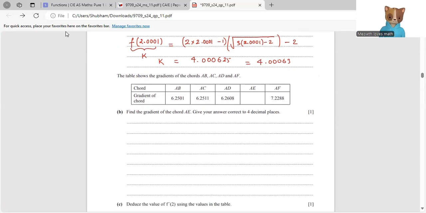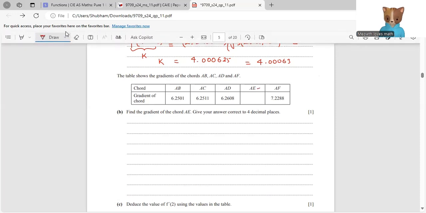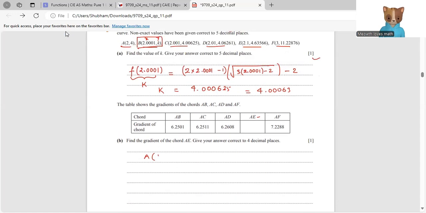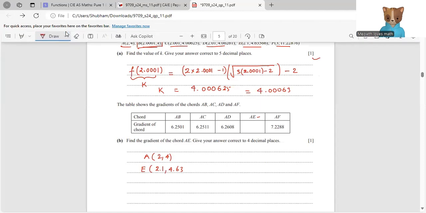Now, the table shows the gradients of the chords AB, AC, AD, and AF, and we have to find the gradient of the chord AE. Okay. So AE is the point. So let's write the coordinates of A, which is 2, 4, and the coordinates of E is basically 2.1, 4.63566, isn't it?